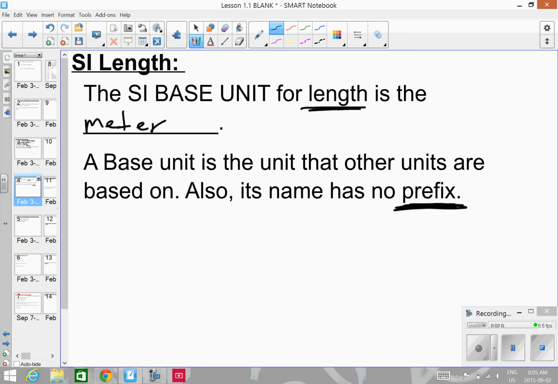So, for example, a kilometer has the prefix kilo, telling you how many, and the base unit meter. So it's based on a meter and it tells you how many.